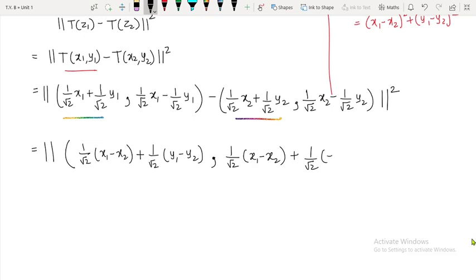Now it will be minus y1 and this minus will be plus. I'm talking about this minus and minus will be plus, so it should be plus y2. So plus y2 bracket close norm square.